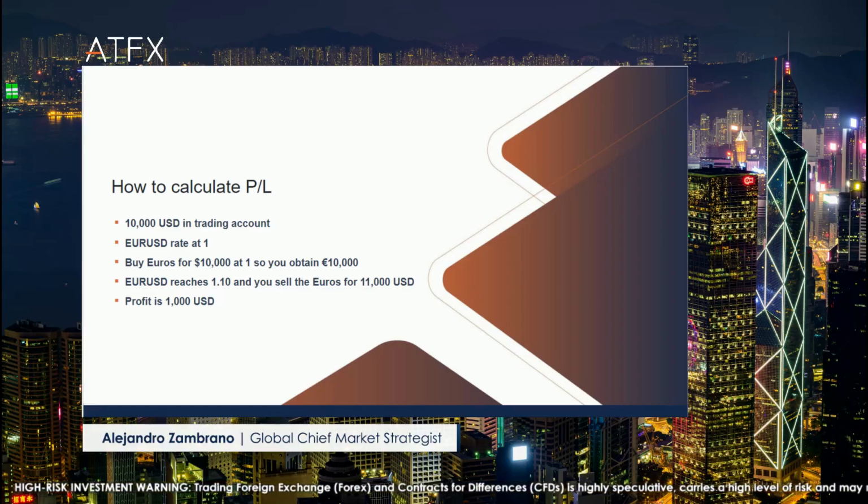Now the euro against the dollar exchange rate gains. It goes from 1 to 1.10. You now sell the euros. Now remember, you have 10,000 euros in your pocket, but those 10,000 euros are now worth $11,000. So you made a profit of 1,000 USD, and that's how you calculate the P&L.